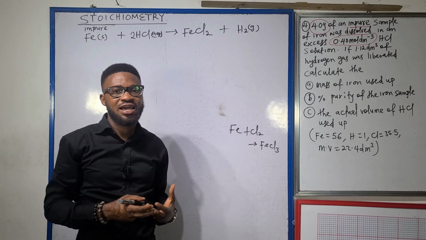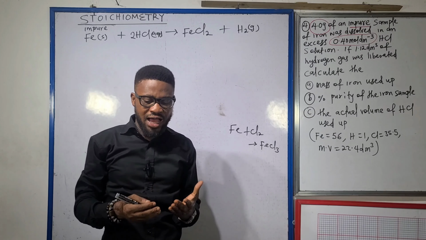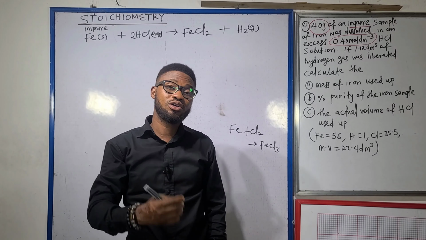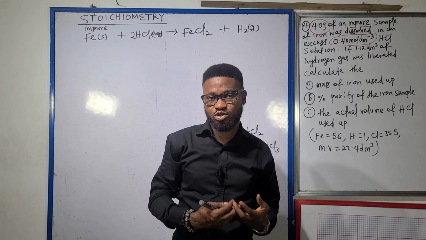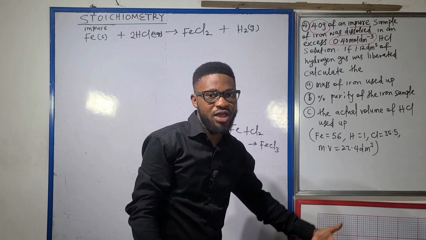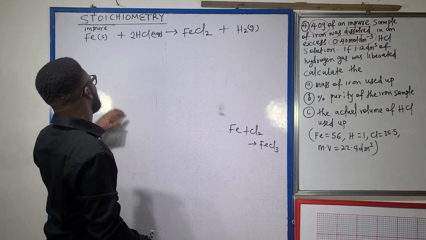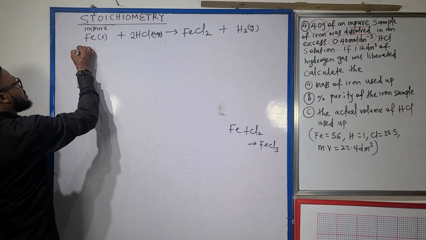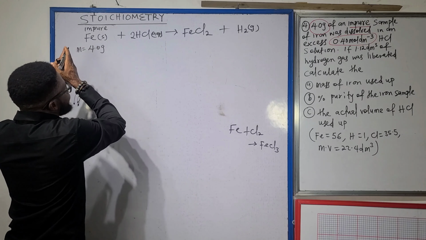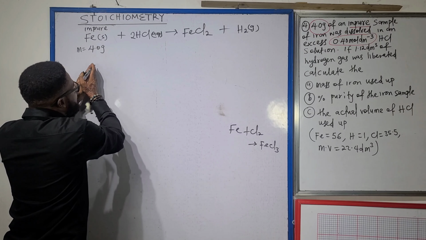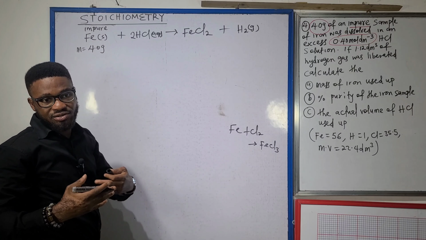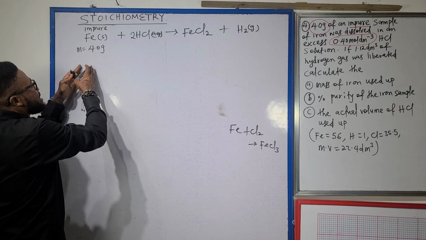The impurities will not take part in the chemical reaction, and once something does not take part in a chemical reaction, you cannot use it for stoichiometry. So the mass of this was 4.0 gram, but it was impure, so the whole of the 4 gram will not take part in the reaction. Therefore, we cannot use this as our key.